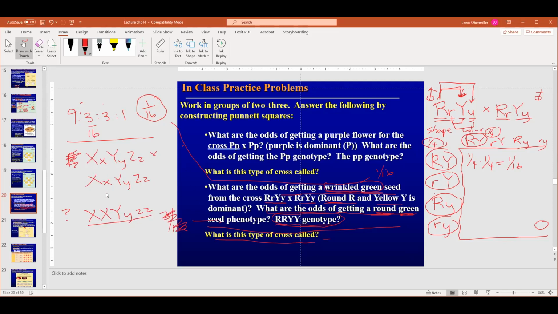Well, because these are each independent events, you can treat them as an independent cross. So if you do this cross, that's a monohybrid cross. We know the ratio is 1:2:1. So this is the one, so this is 1/4, right? I already know that.